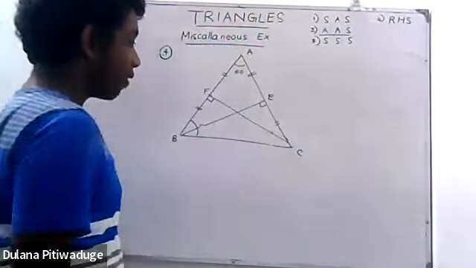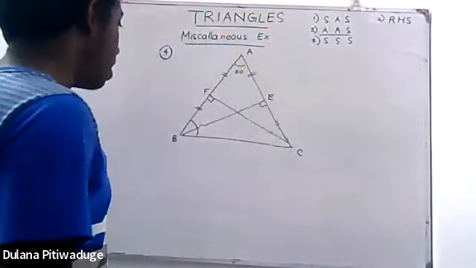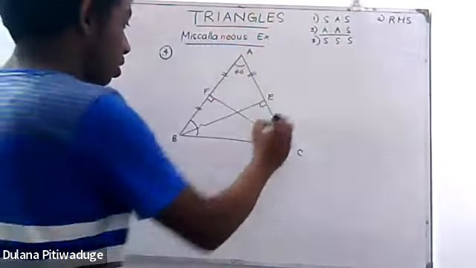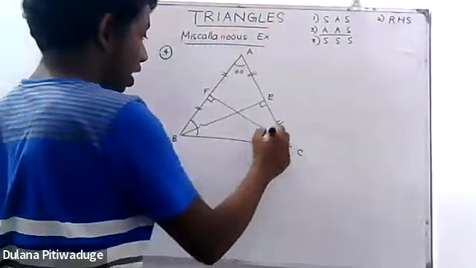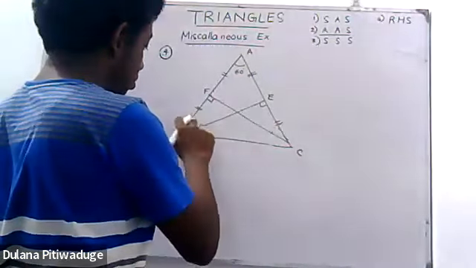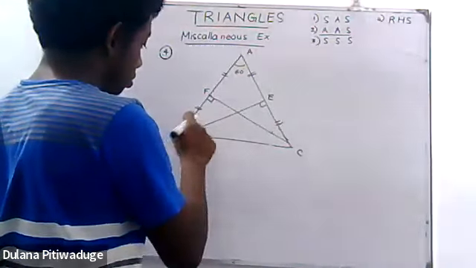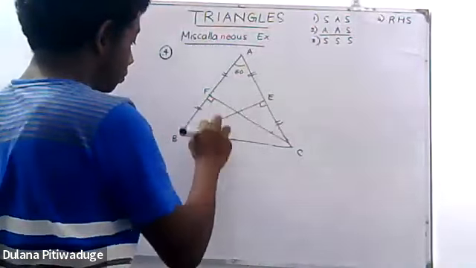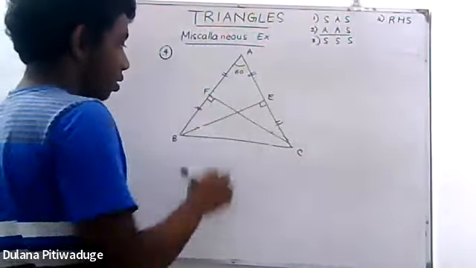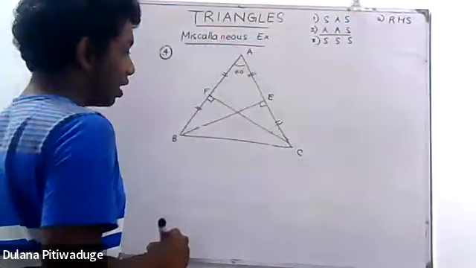By the given data, we have found that BF is equal to AC and that these two angles are equal, right? These two angles are 90.